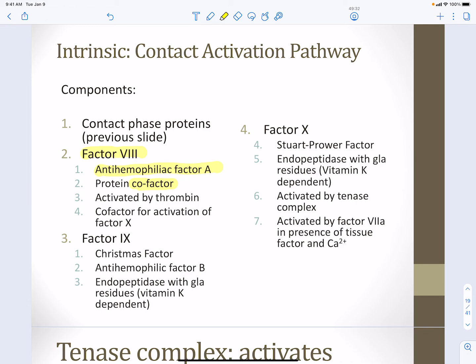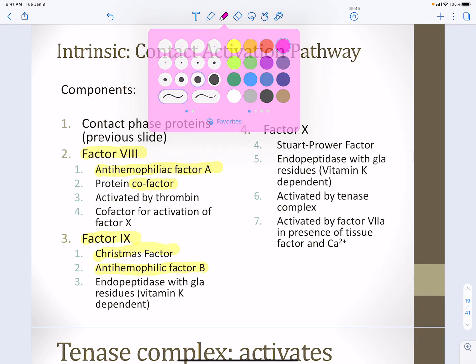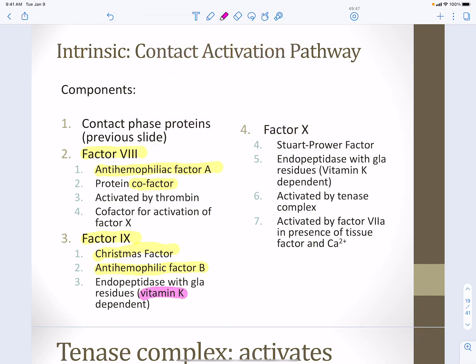And then we have also factor 9, which is known as Christmas factor, or anti-hemophilic factor B. And this is going to be an endopeptidase, and the key here, and why I have all this written, is to point out a few things. This is vitamin K dependent.